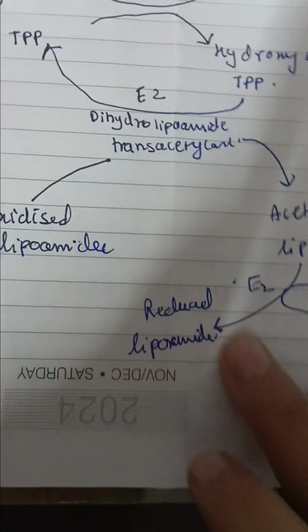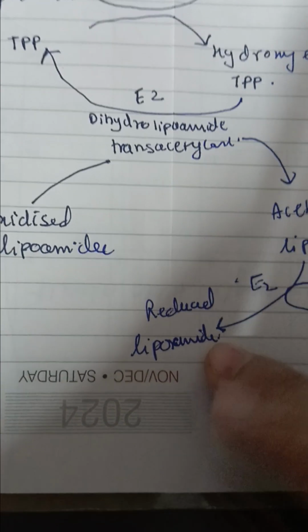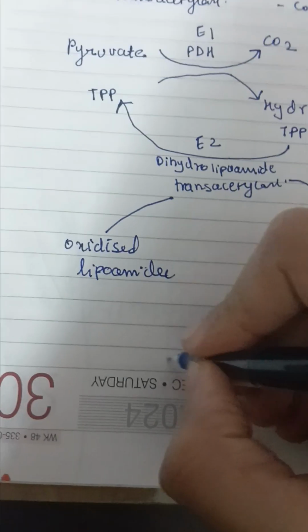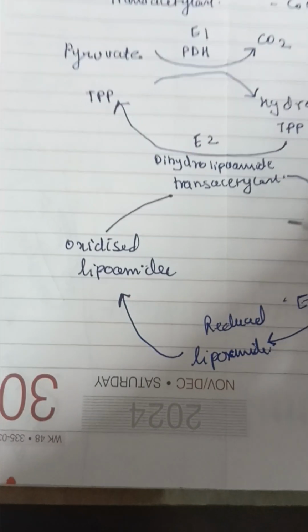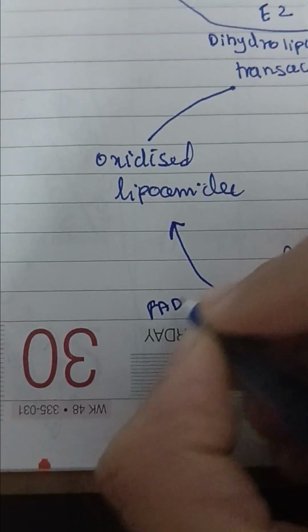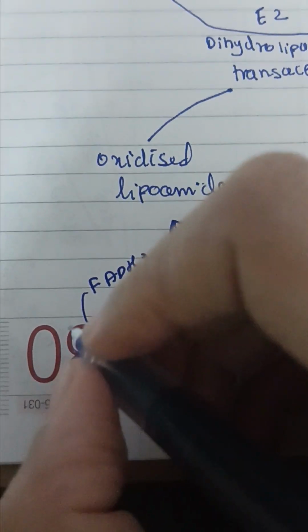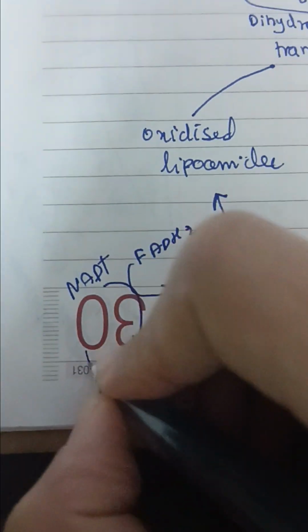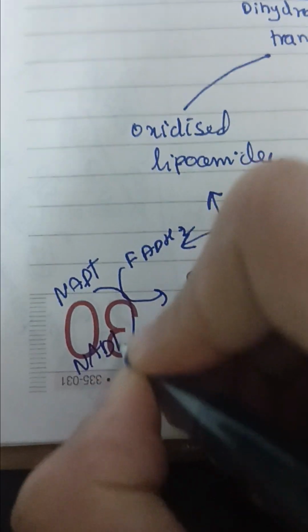Now this reduced lipoamide will get converted to oxidized lipoamide by converting FAD to FADH2, and this FADH2 will again form FAD by converting NAD+ to NADH.